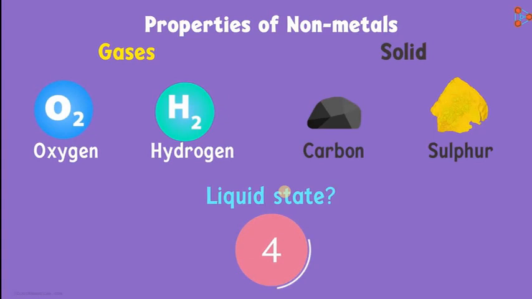So you can pause the video for maybe a minute and try and look around, and maybe you can even Google and check which non-metal exists in the liquid state. Oxygen is a gas, hydrogen is a gas, carbon is a solid, sulfur is also solid, but there is only one non-metallic element which exists as a liquid. So you can pause the video and try to look for the answer.